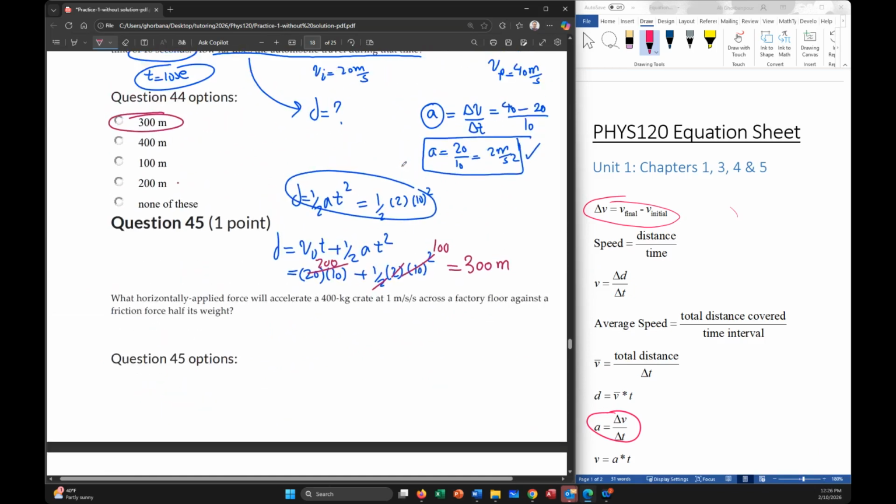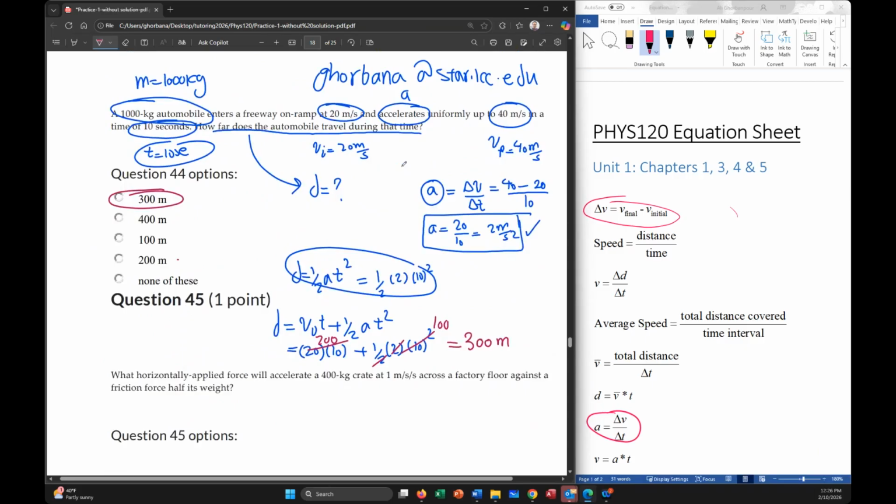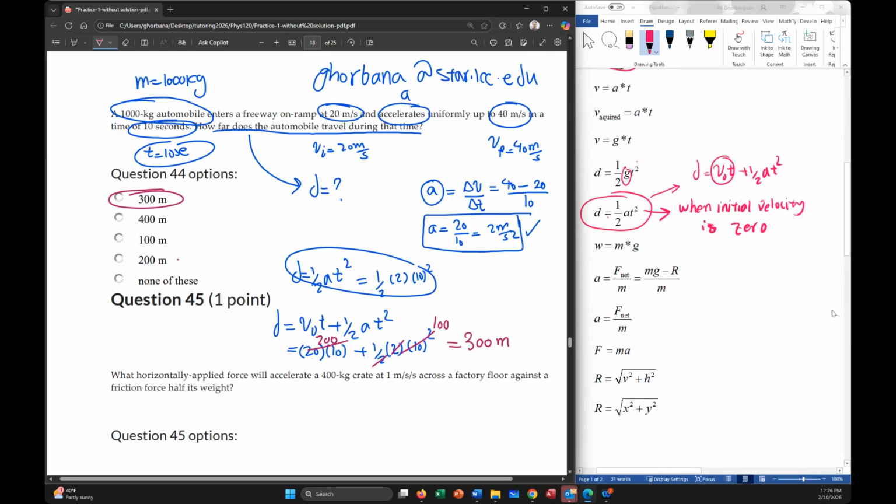More explanation about this question: the velocity is changing. When the velocity is changing, definitely there is acceleration. We have the velocity's value and the time value, so we can calculate the acceleration. When we calculate the acceleration, it is asking to find the distance traveled. We look at the formula sheet and you see d equals 1/2 at squared. But there is an initial velocity, so you need to include the initial velocity as well: the V0t.